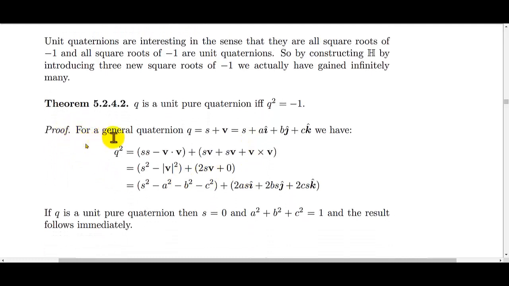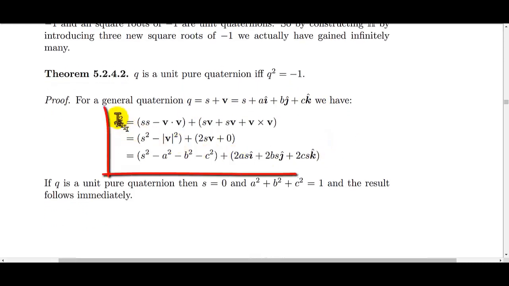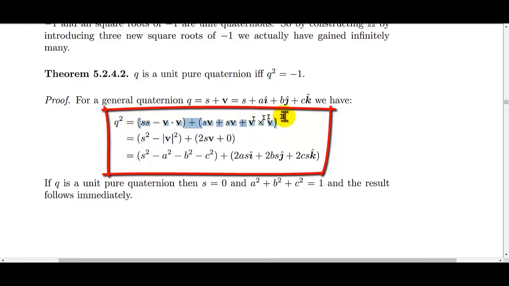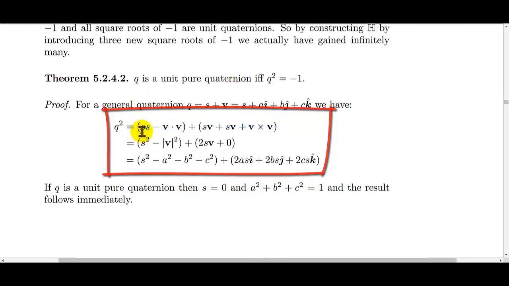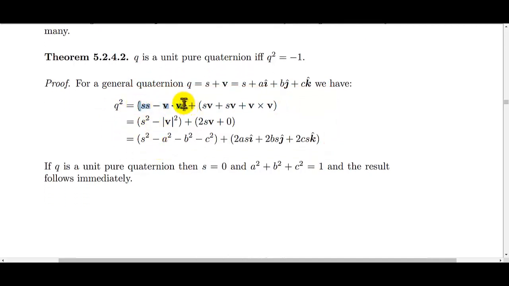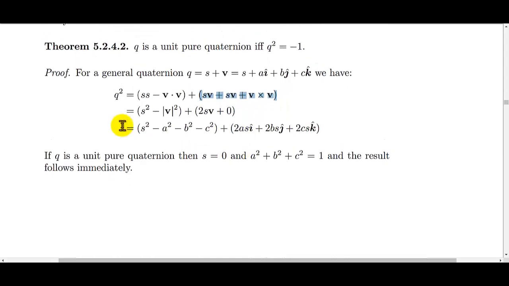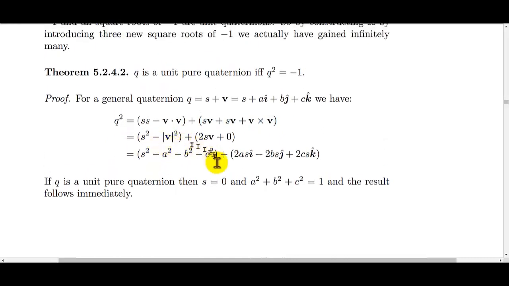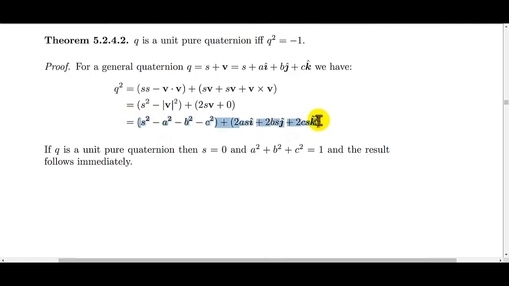So, proof. For the general quaternion Q equal to S plus B, we have Q squared is equal to this expression. Remember that this expression comes from a previous theorem, where this is the scalar part and this is the vector part. So then we have 0 here because B cross product with B is 0, of course, and then we have this expression, right?